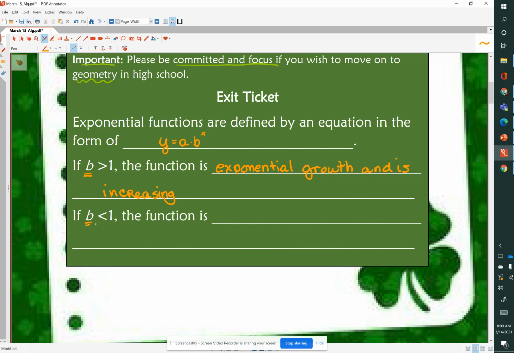If the b value is less than 1, or if it's between 0 and 1, okay, 0 is less than b is less than 1, the function is exponential decay, it's decreasing. Okay, so that function is decreasing. So take a close look at the b value when you see these functions.